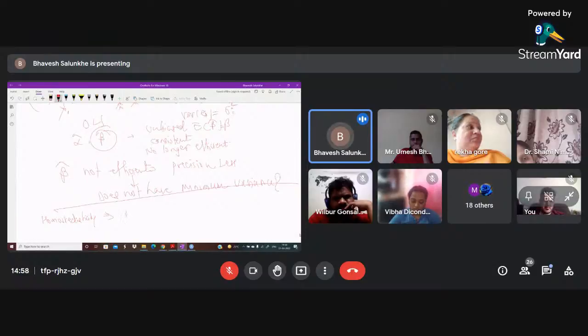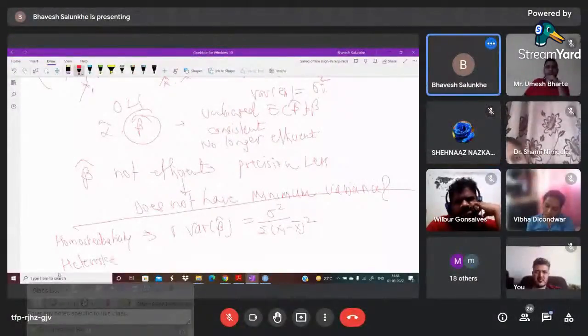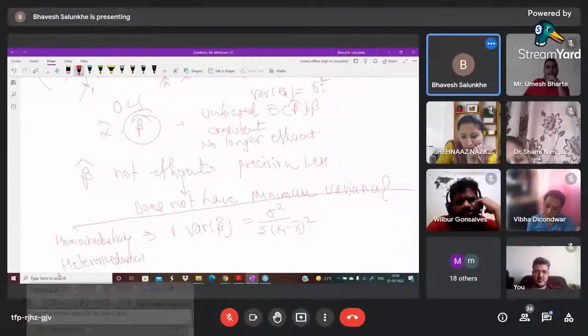The variance formula for beta hat is sigma square upon summation xi minus x bar square. This formula we derive for the variance of beta hat when there is homoscedasticity, but under heteroscedasticity this formula will not work.